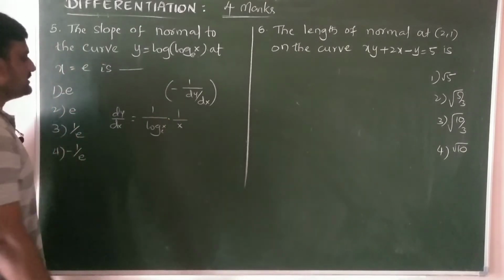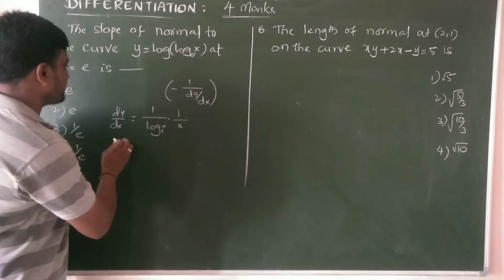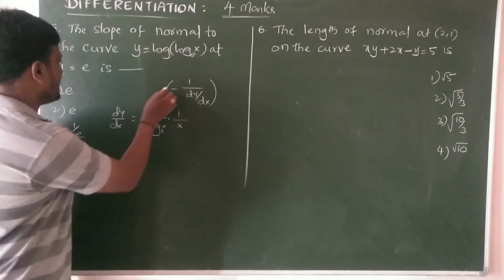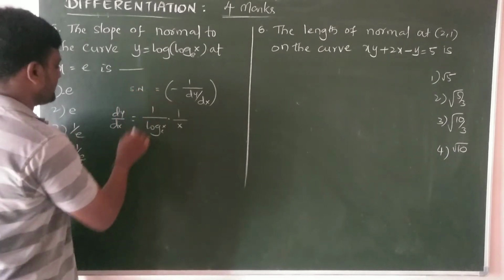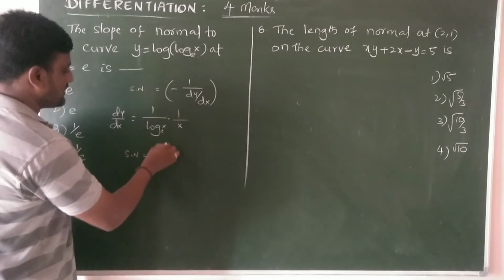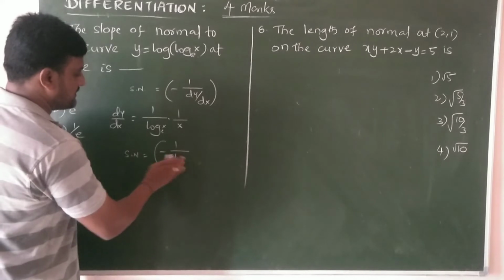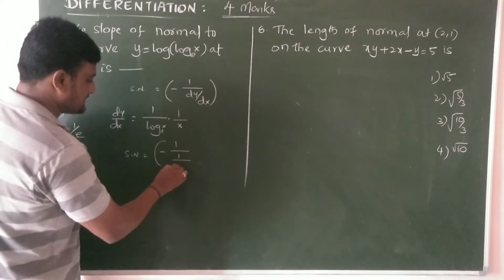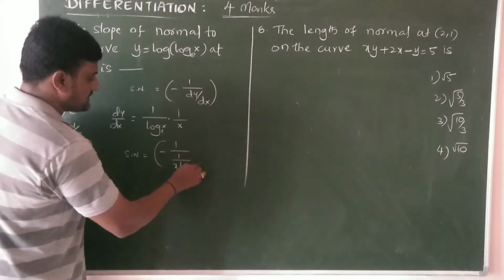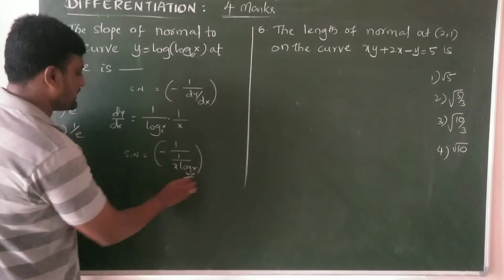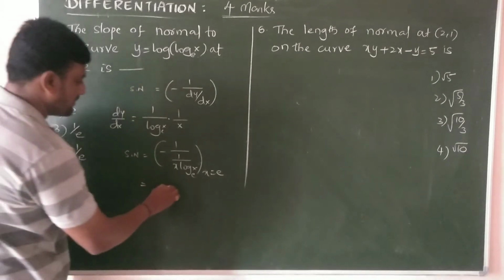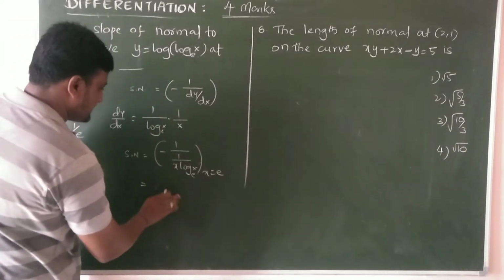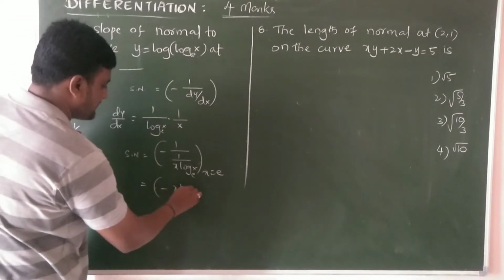Then we can find the value of the slope of the normal, that equals minus 1 by dy by dx, which is nothing but 1 by x log x. Now here at x equals e, apply 1 by this, which is nothing but minus x log x.